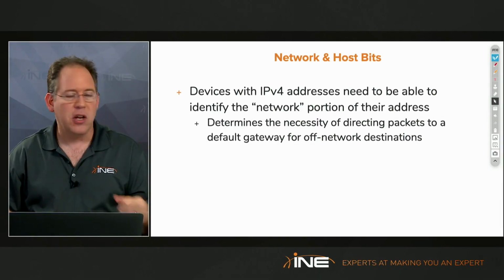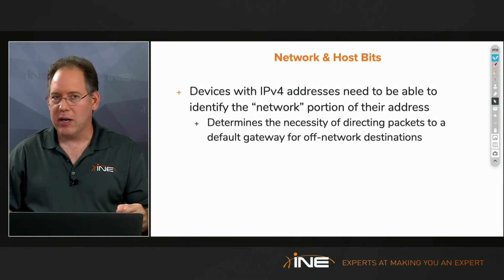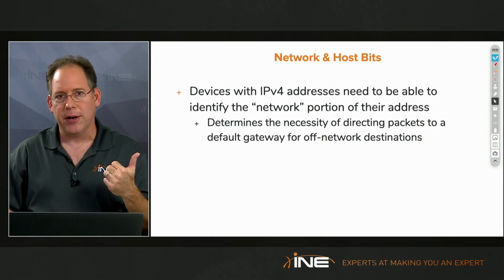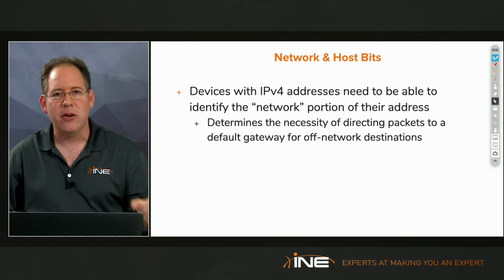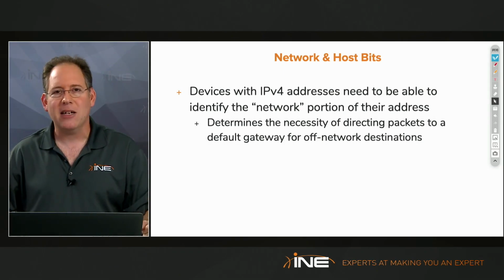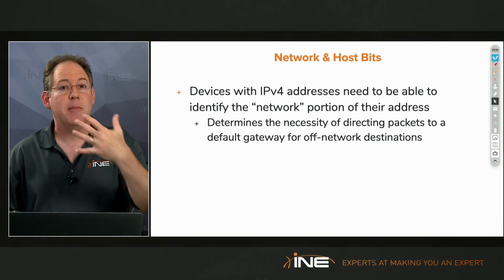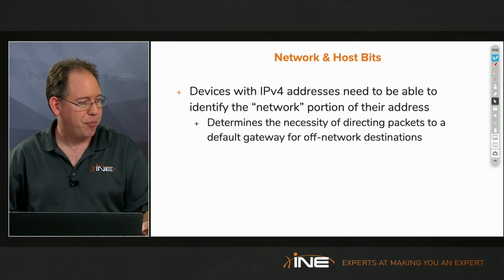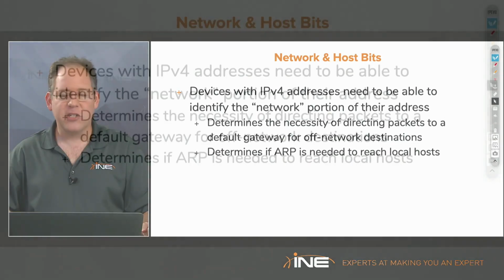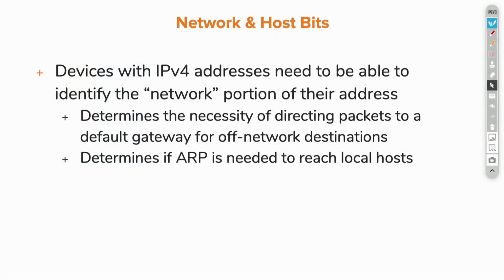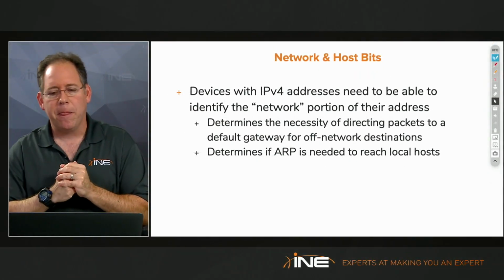If the answer is no, then it says, okay, this destination is off network. It's not on my network, it's on some other network. I need to forward this packet to my router, a default gateway who is in my network who can get it out there. If the answer is yes, that means, oh okay, I can speak to that guy directly. I don't need to get the router involved. An analogy I sometimes make is think of it like this.